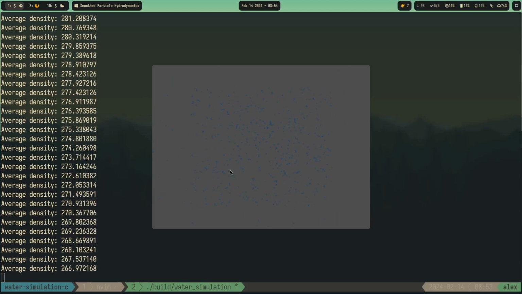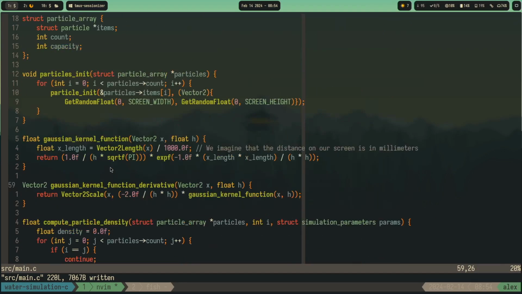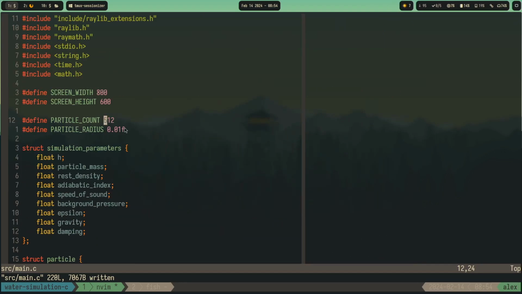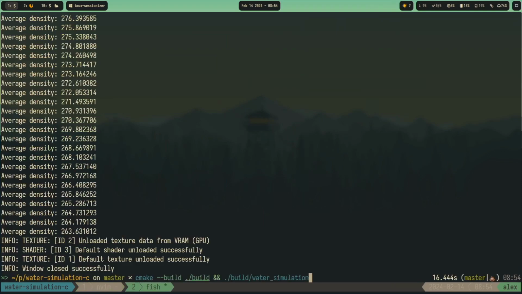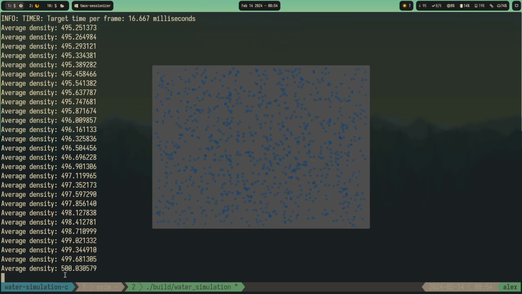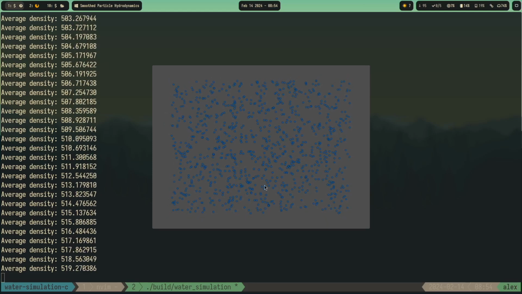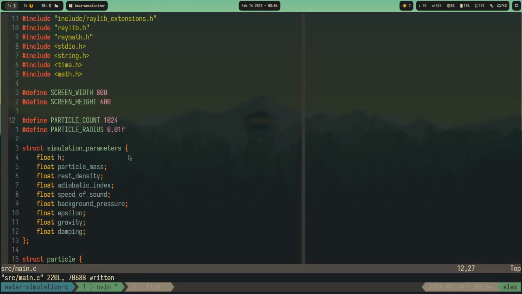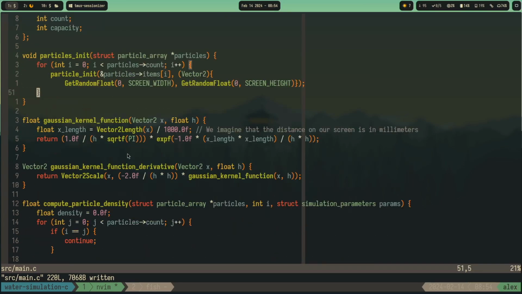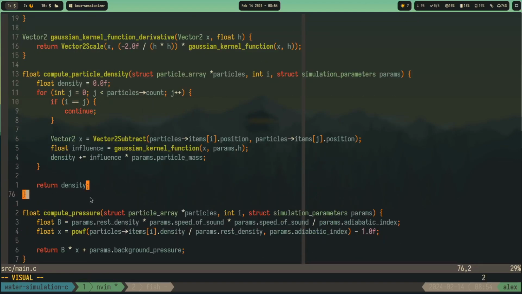So yeah, not sure how we can do. Even here, the density is too small. When we have a lot of particles, the particle density is too small.